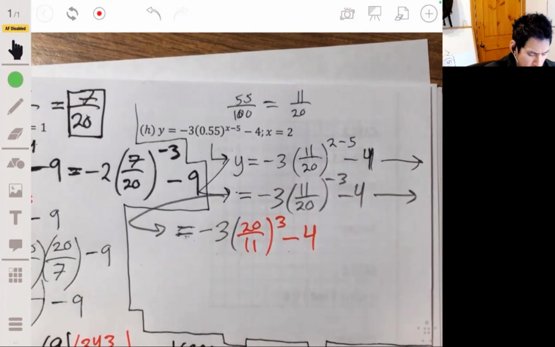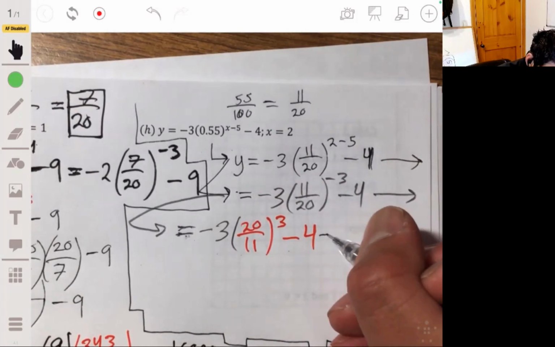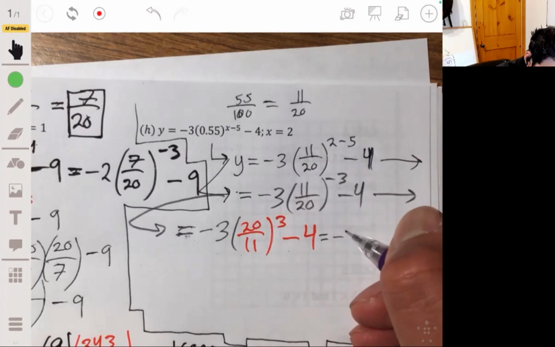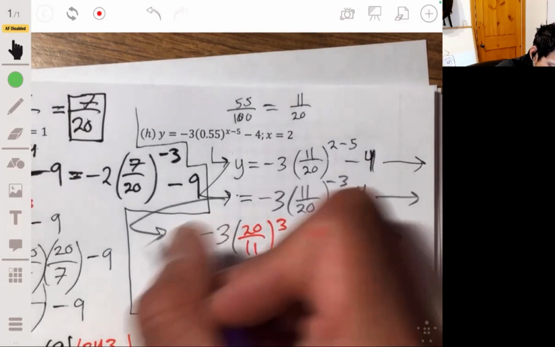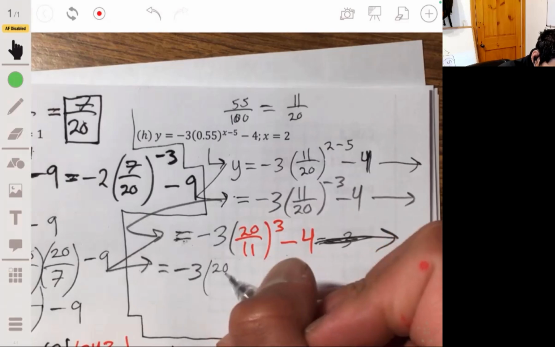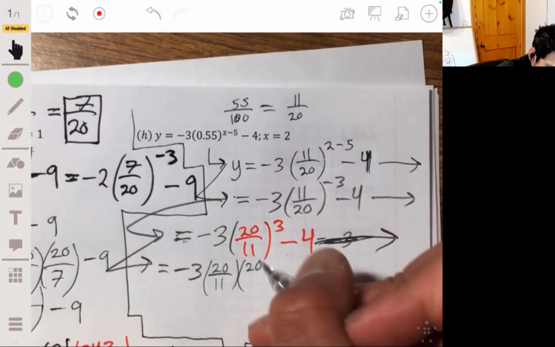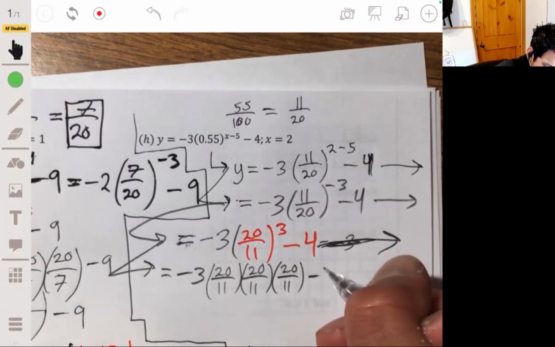Then we subtract 4 from there, which is then equal to negative 3. I'm not going to set it here, so let's just move on to the next line. Negative 3 times 20 over 11 times 20 over 11 times 20 over 11 minus 4.